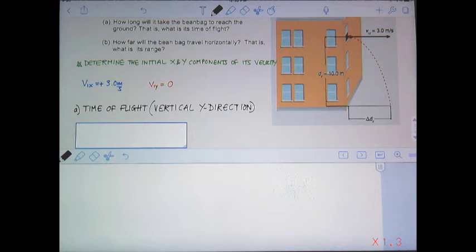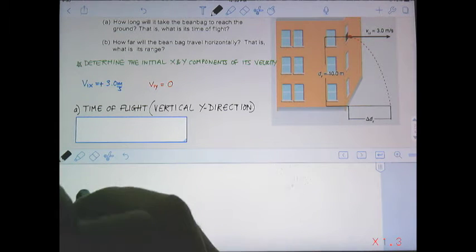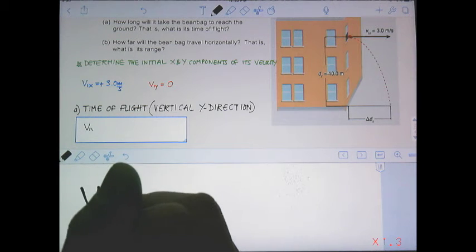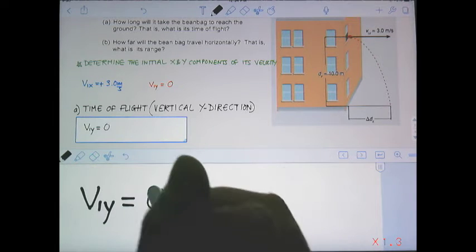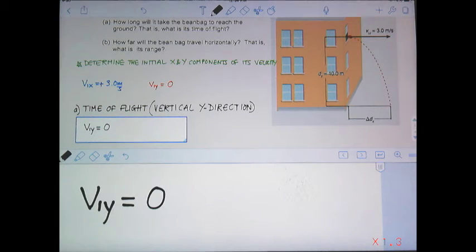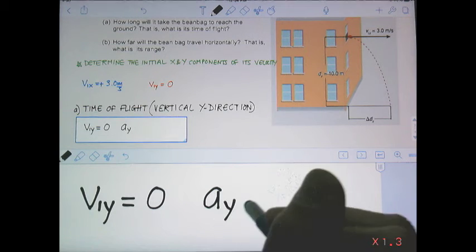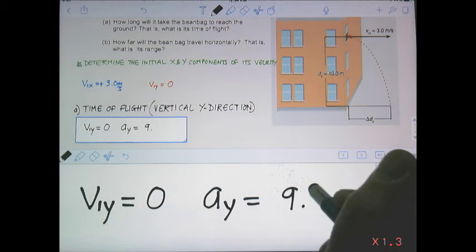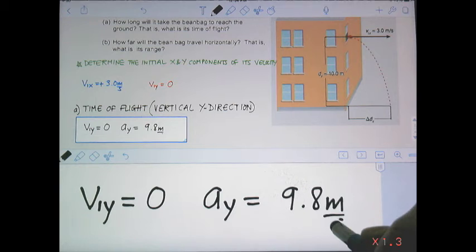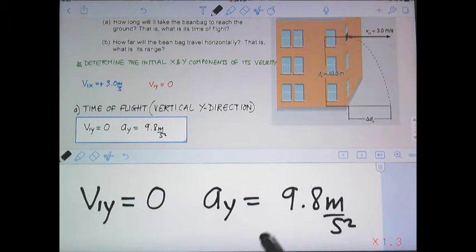So what we have to do is collect all the information we know about the y component of this object. We've just determined above that the initial y velocity is 0. We also know that in the y direction, acceleration is caused by gravity. And the acceleration rate is 9.8 meters per second squared. Instead of writing down, we're going to use a negative sign in front of it.